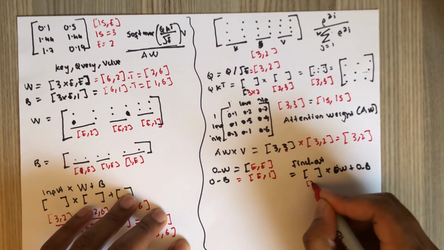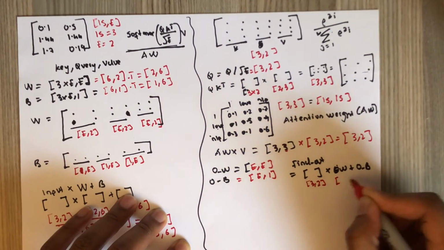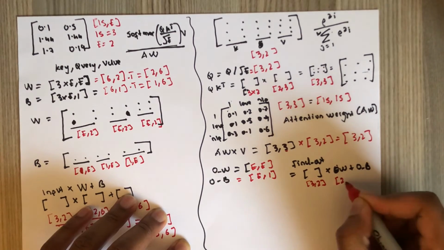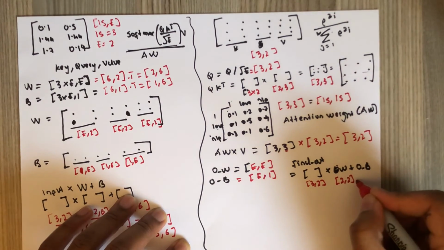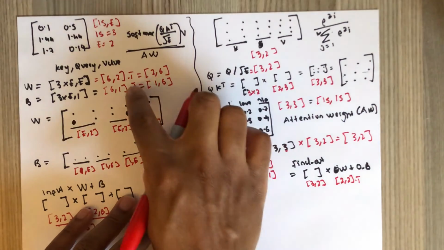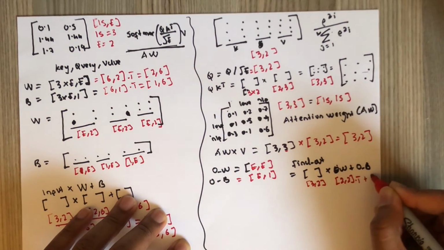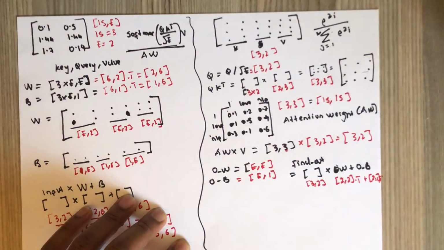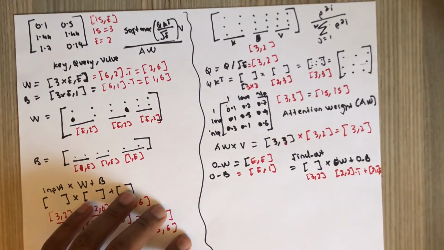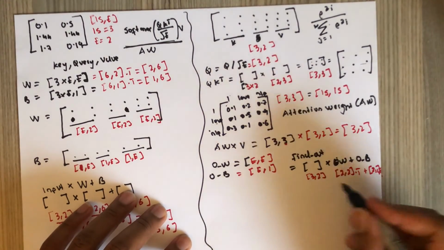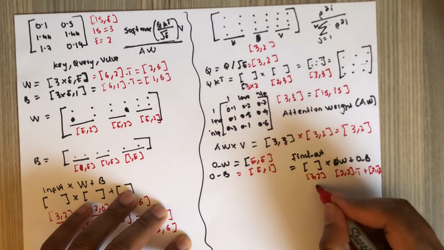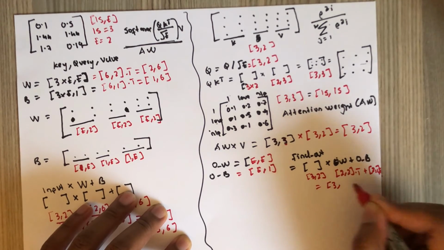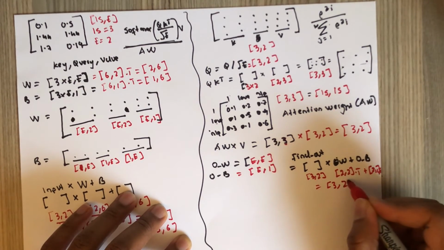This has a dimension of 3 by 2. This one has a dimension of 2 by 2, but we are going to take the transpose because we took the transpose here. This is going to be 2 by 1 transpose. And the result is going to be a tensor of dimension 3 by 2.